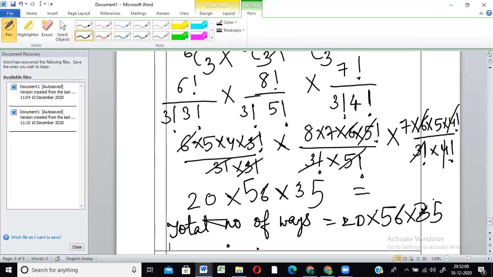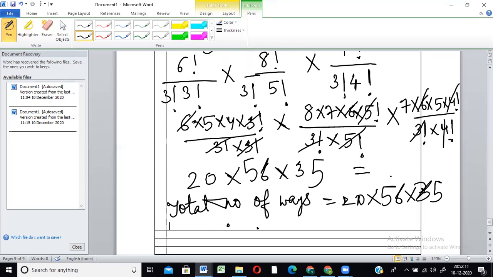On multiplying this, you will get the answer as 39200. So that is one sum on this. Now we will move on to the next question.